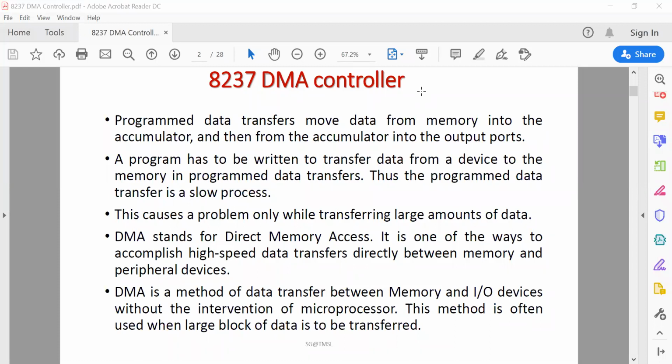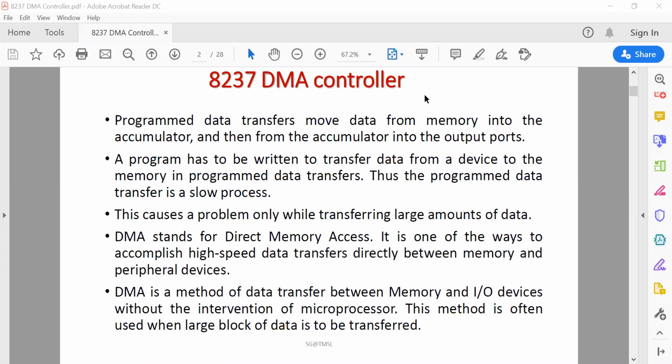As each byte is transferred, the terminal count register is decremented, because you have to initialize the counter with how many data bytes there are to move. So you need to operate the counter, and it is decremented by 1 after each transfer operation. When the register reaches 0, it tells the external device that the data transfer is completed.